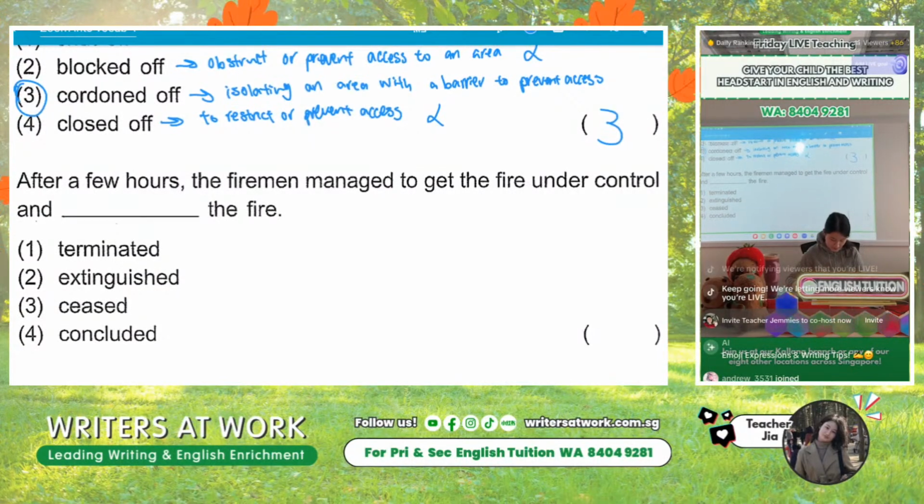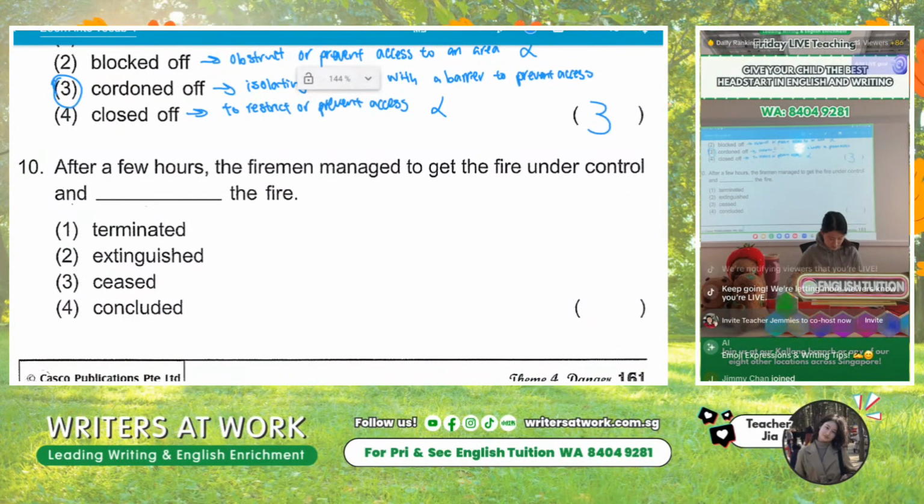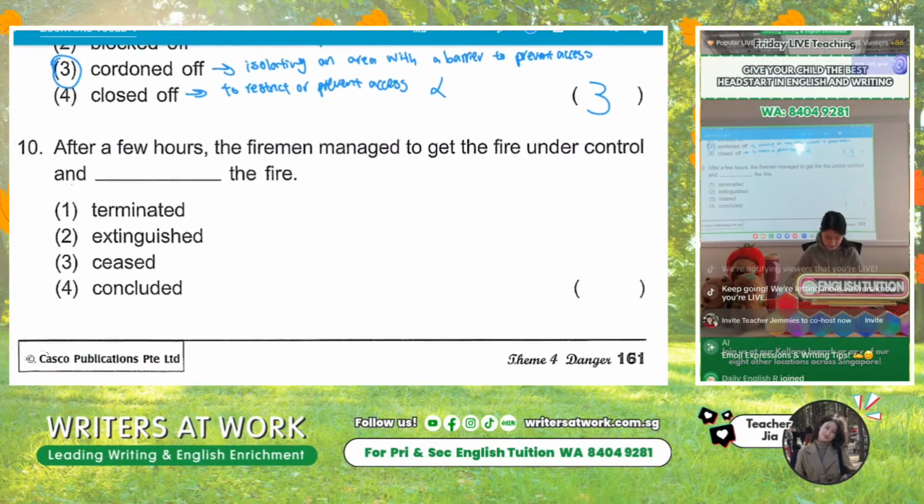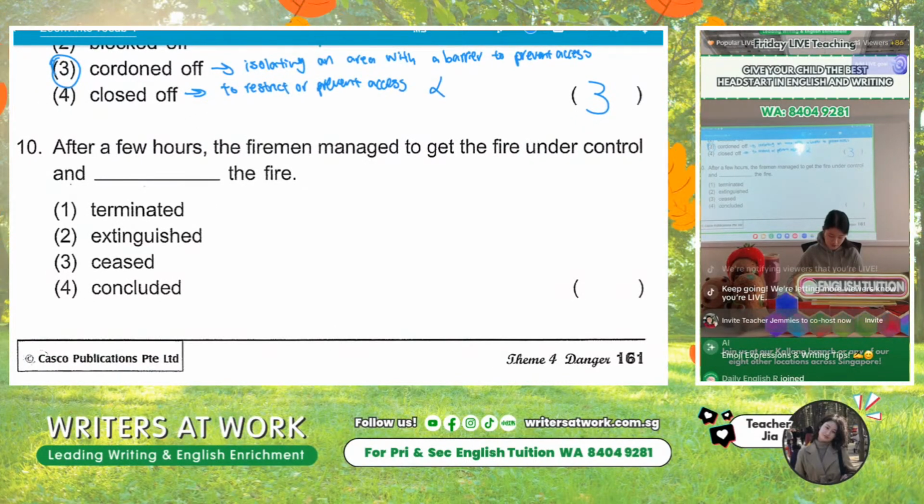Then finally, we have question 10, which is: after a few hours, the fireman managed to get the fire under control and extinguished the fire. Okay, we have terminated, we have extinguished, we have ceased, and we have concluded. Okay, so these are all four options for this question.